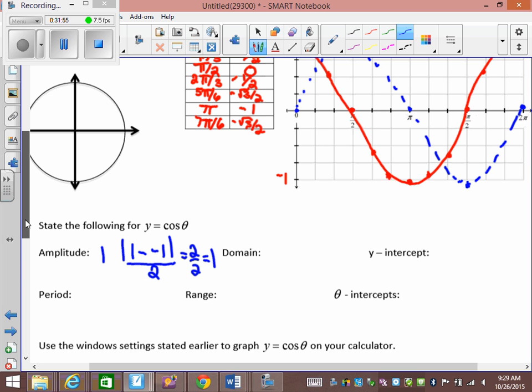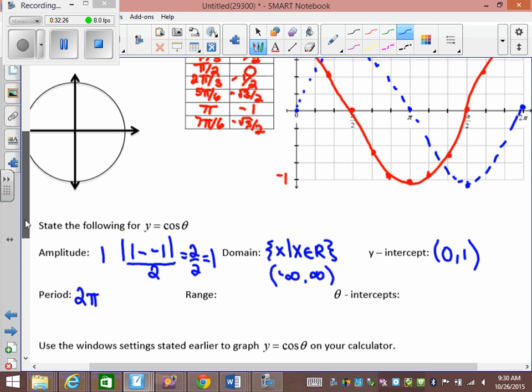My domain is negative infinity to infinity. My y-intercept is the same as the previous one. My y-intercept for the sine graph is 0, 0. My y-intercept for the cosine graph is 0, 1. The period of my graph is still 2 pi.